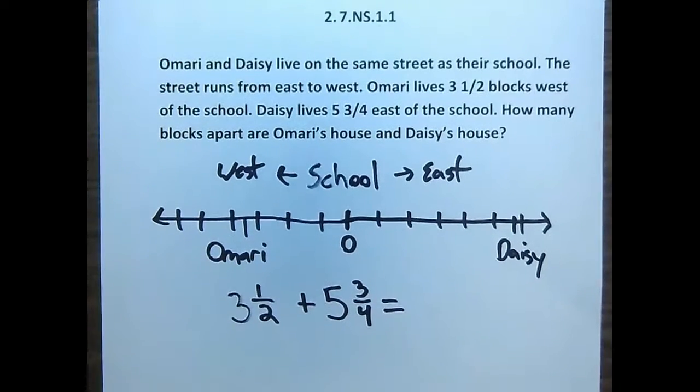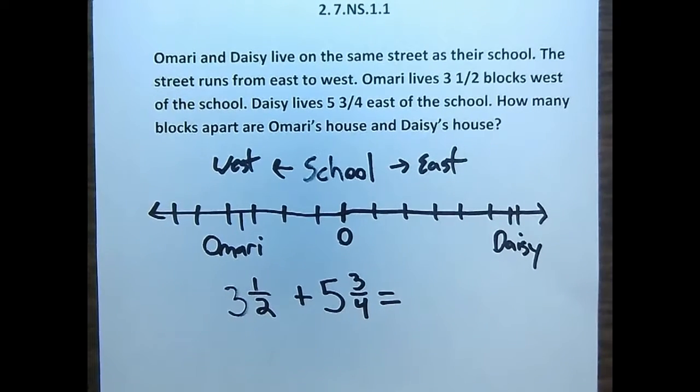The first step I like to do here is get rid of the fractions by adding them together, and we need to find a common denominator. For 2 and 4, our common denominator will be 4.